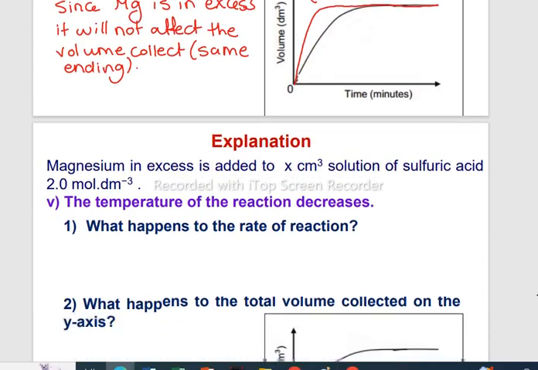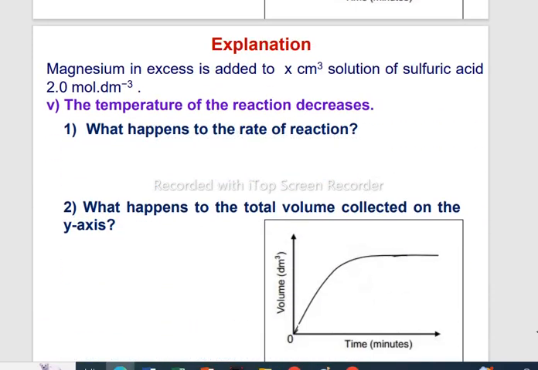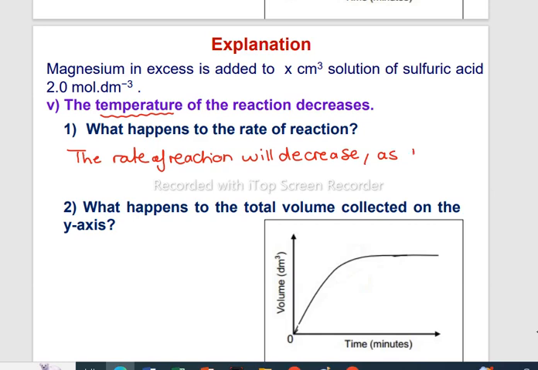Okay, now we're going to go through V. The temperature of the reaction decreases. Of course, the temperature will affect the rate of reaction. So since the temperature decreases, the rate will become slower. So the rate of reaction will decrease as the temperature decreases.